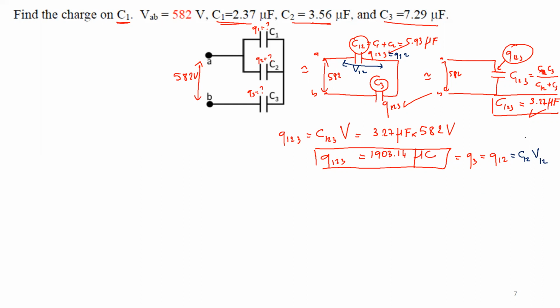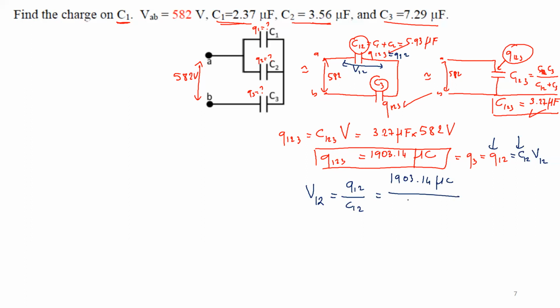I know C12 and I know Q12. So what is V12? Of course, it will be just Q12 divided by C12. Q12, I know it, 1903.14 microcoulomb. And I divide by C12.